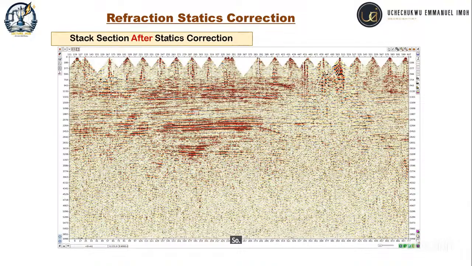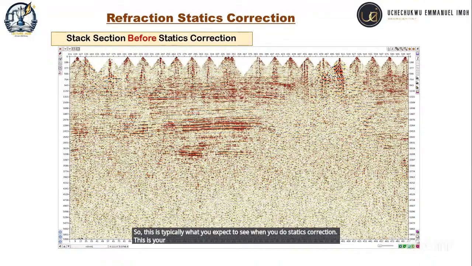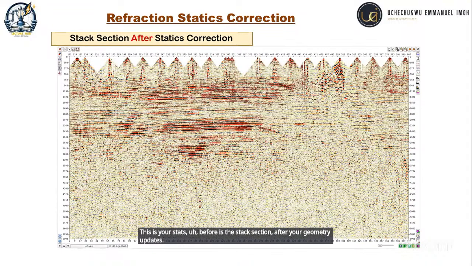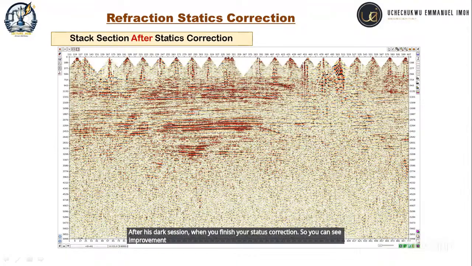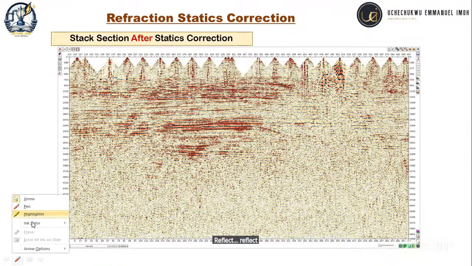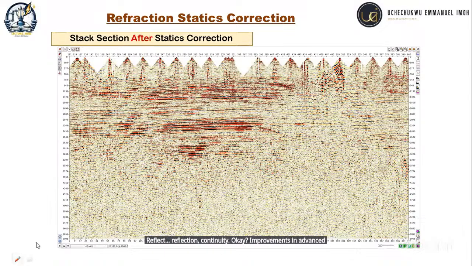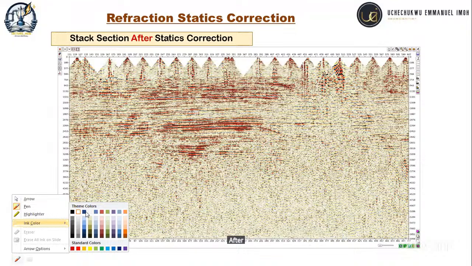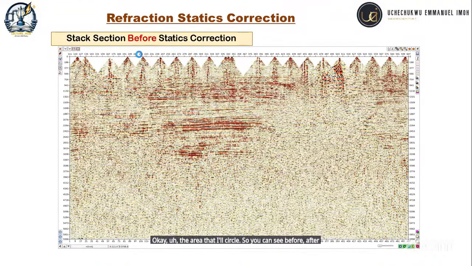So this is typically what you expect to see when you do statics correction. Before is the stack section after your geometry update. After is the stack section when you finish your statics correction. So you can see improvement in event reflection continuity. If you look at where I put the arrow, or the area that I'll circle, you can see before, after, before, after.